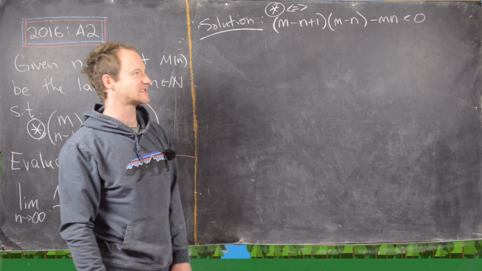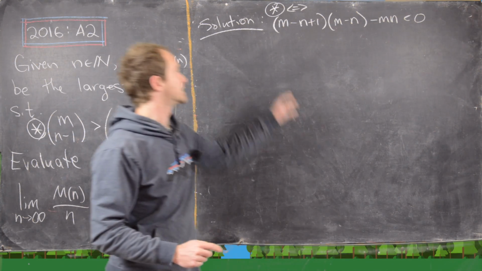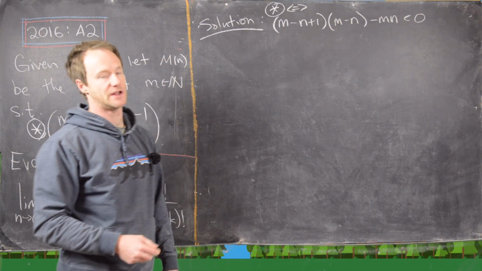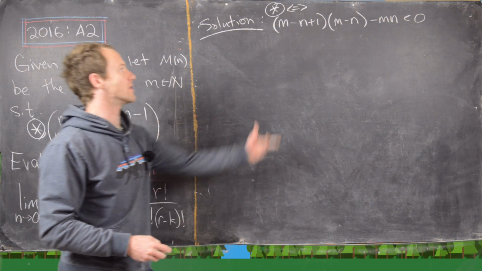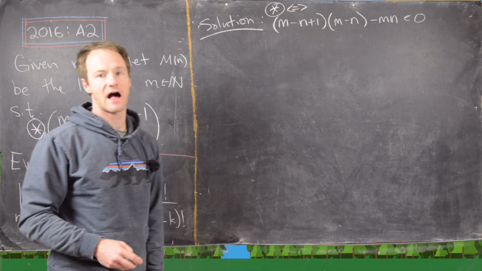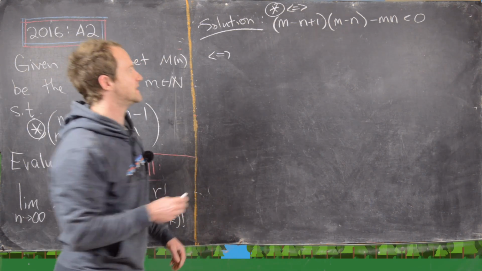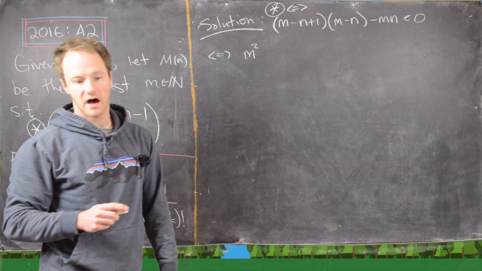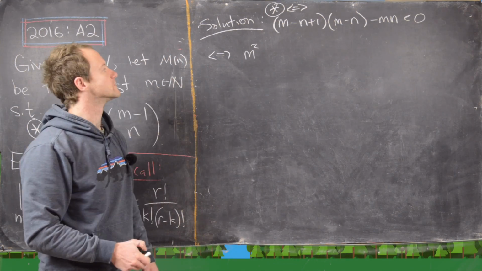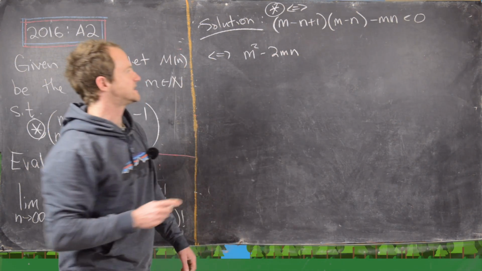Okay, so on our last board, we argued that this inequality star was equivalent to this nicer inequality. So now what I'm going to do is multiply out these two terms, and I'll have a quadratic polynomial in m. So notice this is going to be the same thing as m squared, and then we're also going to have minus 2mn. So let's see where we get those.